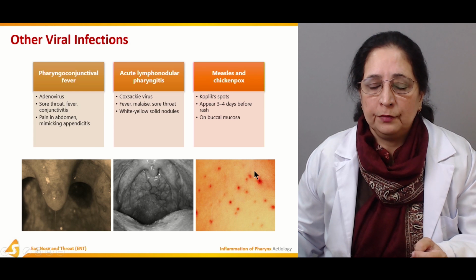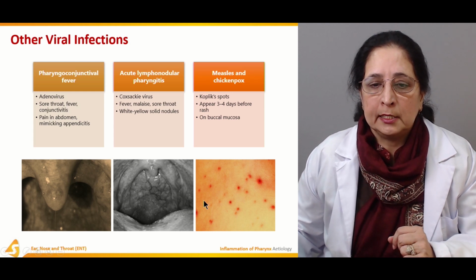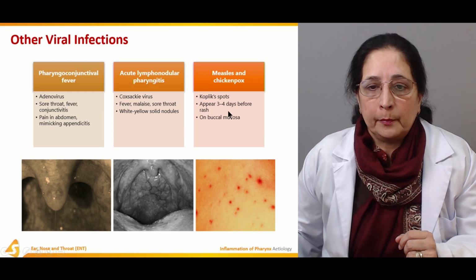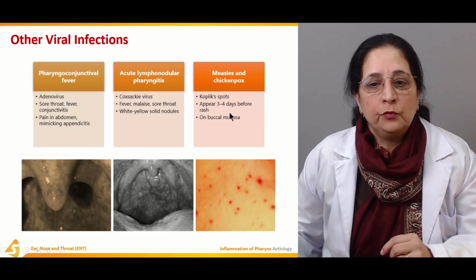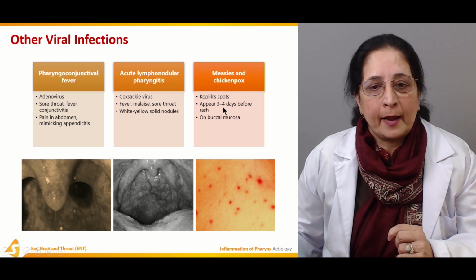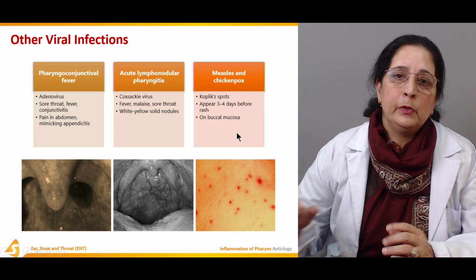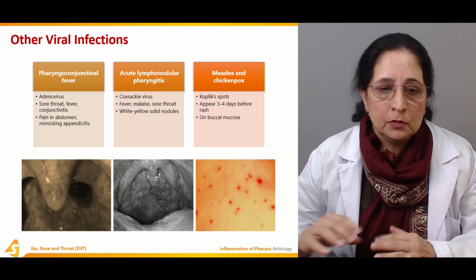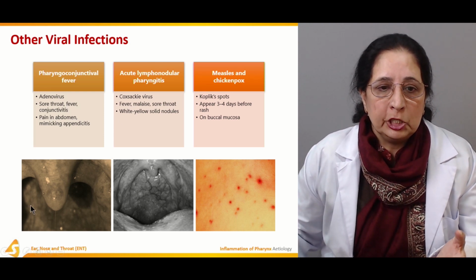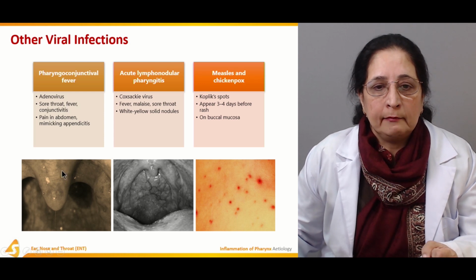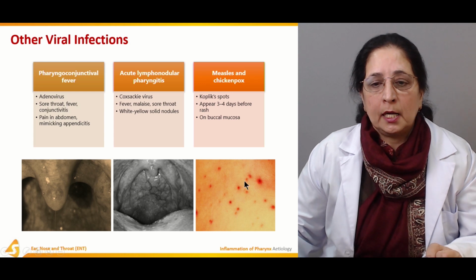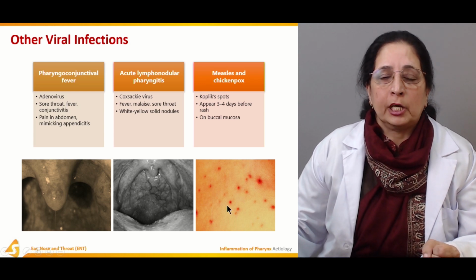That's the rash which is associated with measles and chicken pox. So we have Koplik spots, which appear 3 to 4 days before the rash, and this is on the buccal mucosa, on the mucosa of the cheek. So all these are the different presentations: pharyngoconjunctival fever, lymphonodular pharyngitis, and measles and chicken pox.